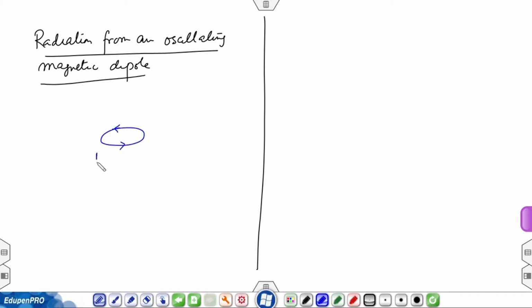There is a current density J in this, and we will take this in the xy plane, so that its area is in the z direction, and the magnetic moment m is going to be pi a squared, where radius we take to be a, times the current in z direction, and the current is time dependent.